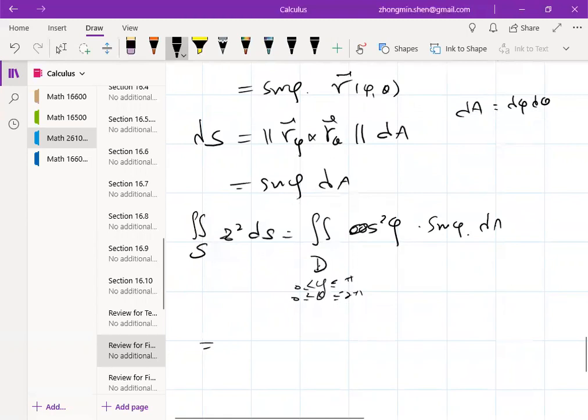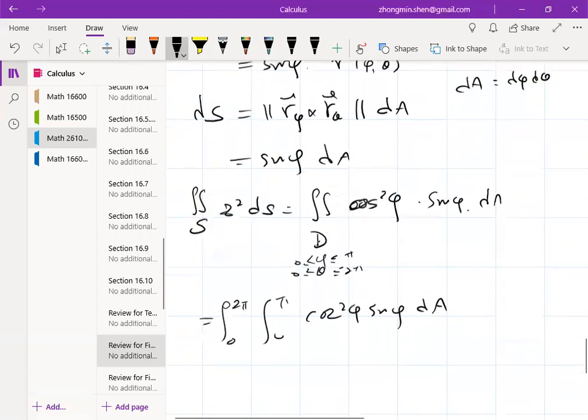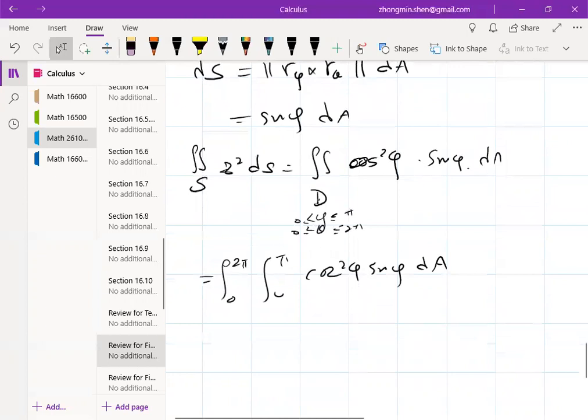When you integrate it, you will get, I think a 2 pi can be taken out. They're just the integral of cosine squared phi sine phi d phi d theta.